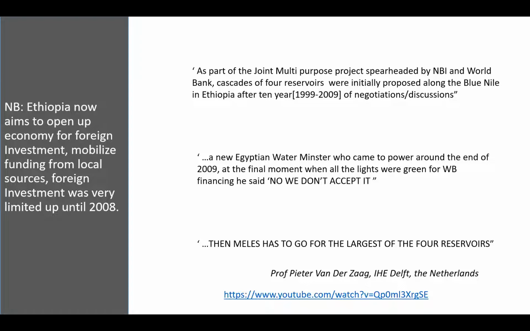However, a new Egyptian water minister who came to power around the end of 2009, at the final moment when all the lights were green for World Bank financing of these 4 infrastructures to be built on the Nile, said, we don't accept, and no. This is according to Professor van der Zag.